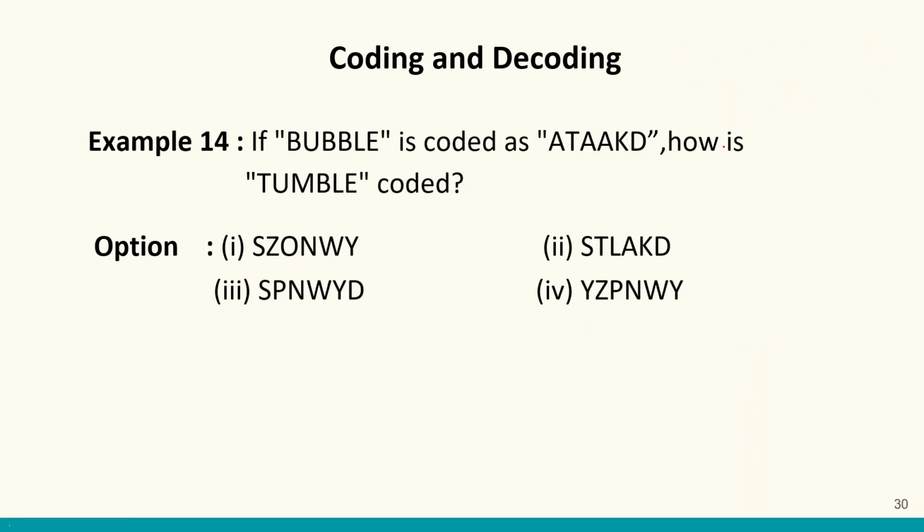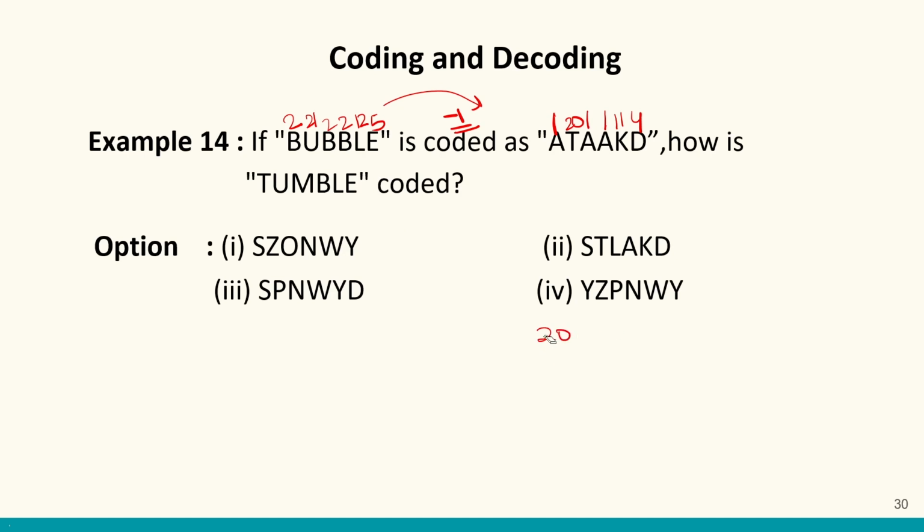Now bubble is coded as this. We have to find the code for tumble. So second position, second position, second position, fifth position, L is 12 and U is how much? U is 21. So here I can see first position, first position, first position, fourth position, K is 11 and T is 20. So here very clearly I can see that we are moving one position backwards. So we'll do the same thing for tumble. T is 20th position.